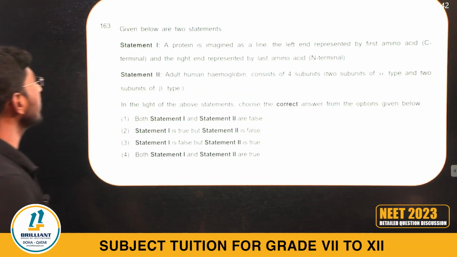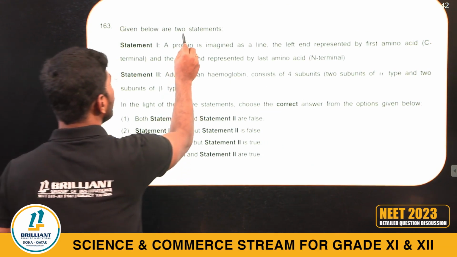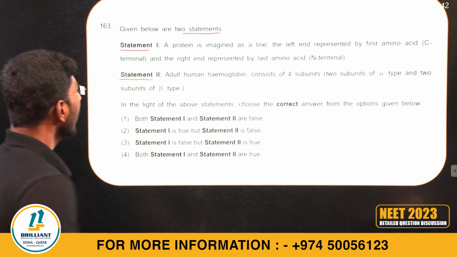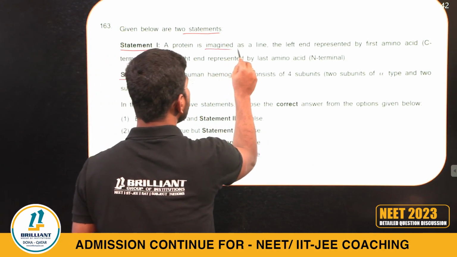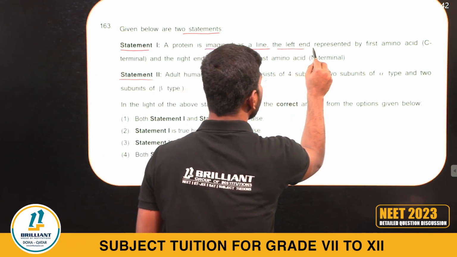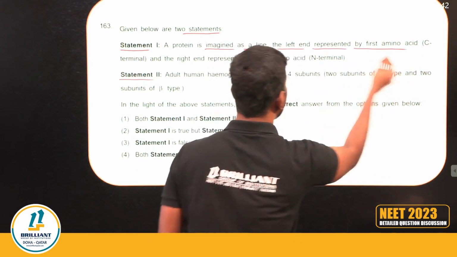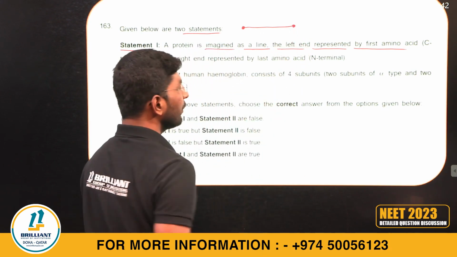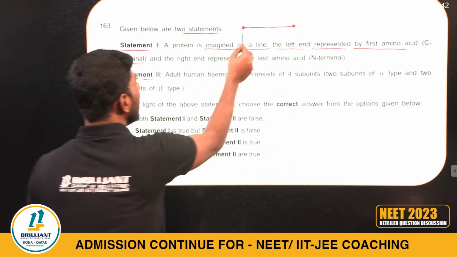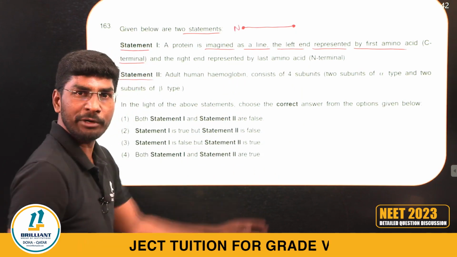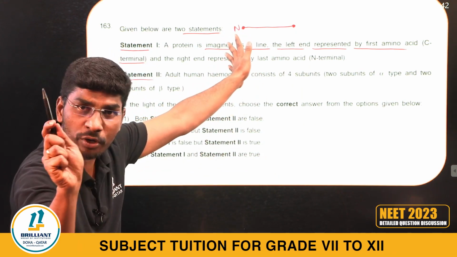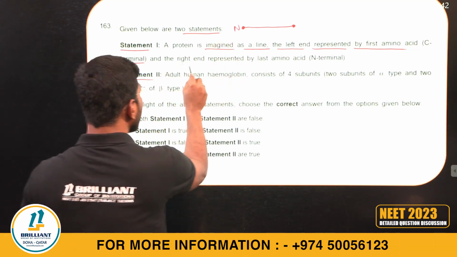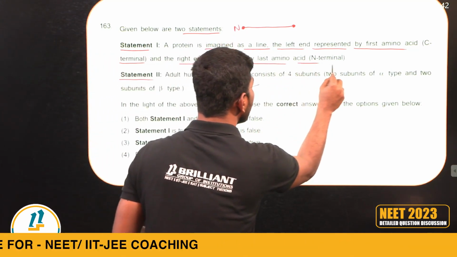163. Given below are two statements. Statement 1: A protein is imagined as a line, where the left end is represented by the first amino acid, the C terminal, and the right end by the last amino acid, the N terminal.